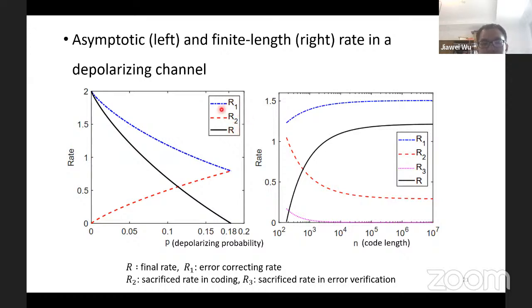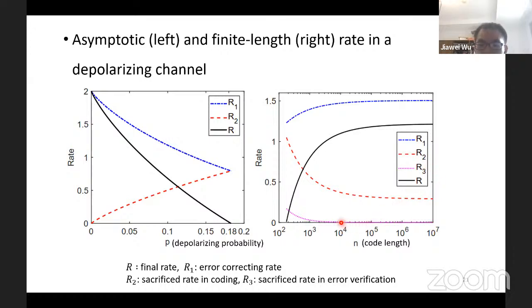R is R1 minus R2. So R is the final information rate. This shows the asymptotic performance, and the second picture shows the finiteness performance. In the finiteness case, we can see how the error correcting rate, the sacrificed rate, and the rate sacrificed for the error verification go.